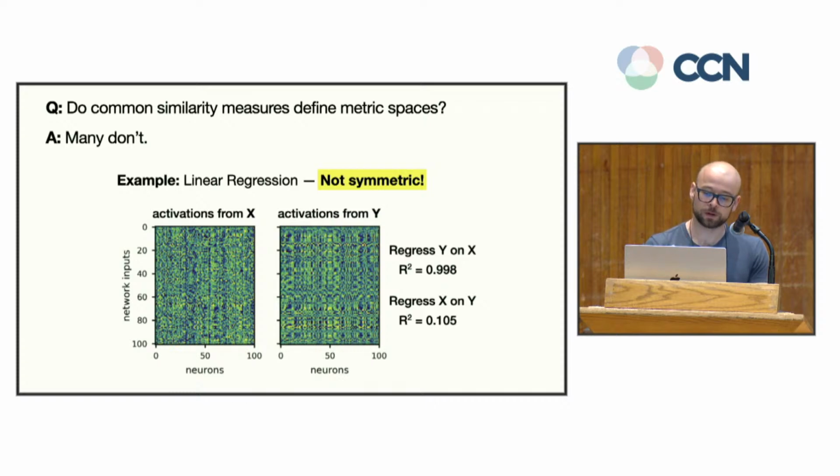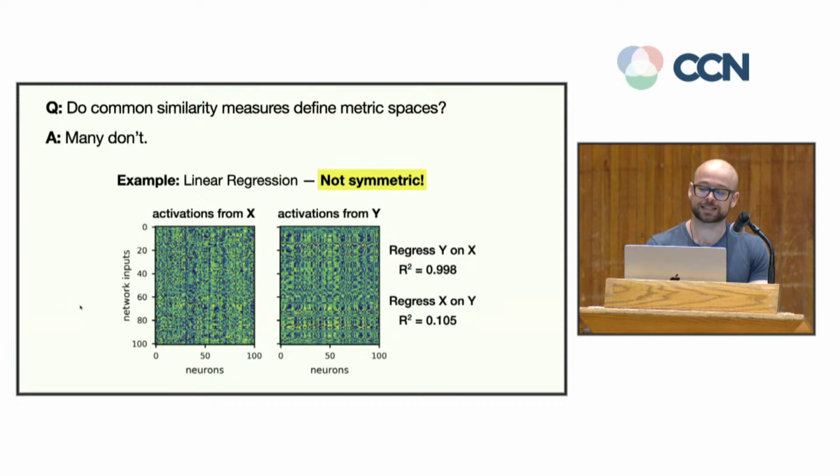So an example of a measure that quantifies some notion of similarity between two systems is linear regression. But linear regression is not, if you just look at the raw R² score, a symmetric measure. So here's an example of two networks, X and Y. In this example, X is a much higher dimensional representation, so when I try to predict Y from X, I get an R squared very close to 1.